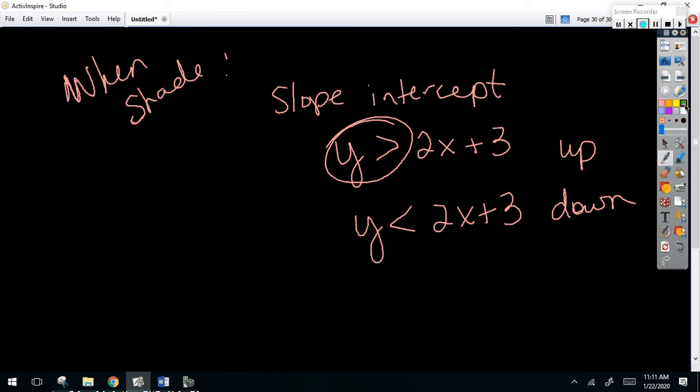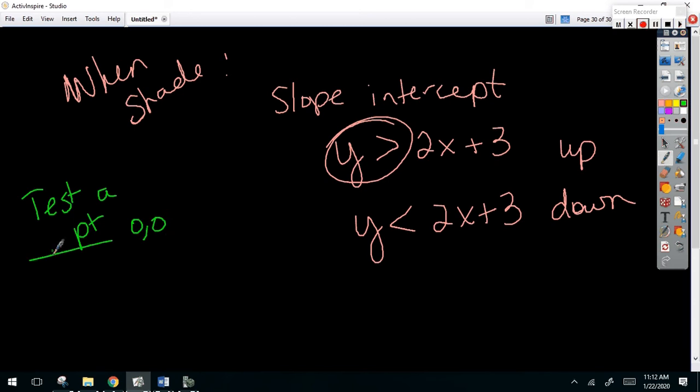The other method you can do is test a point. 0, 0 is an easy test point as long as your line does not go through 0, 0. If your line goes through 0, 0, it doesn't really work. But I'm lazy; if I can do it an easier way, I'm going to.